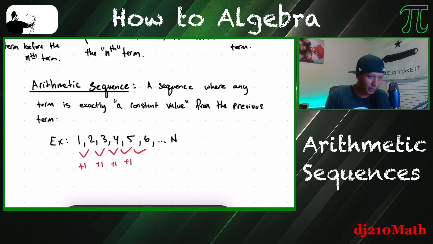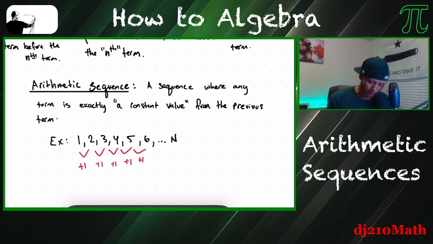So I'm adding 1 to the previous number every time. I'm starting at 1, and we're just adding 1. 1 plus 1 is 2, plus 1 is 3, plus 1 is 4, plus 1 is 5, all the way up until we reach whatever number is the last number in the sequence.